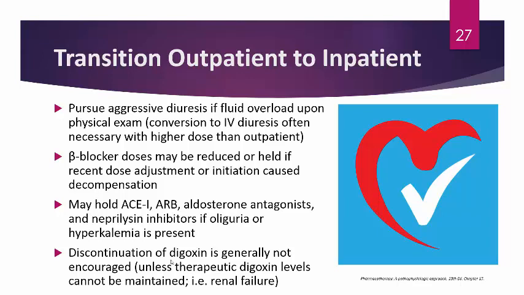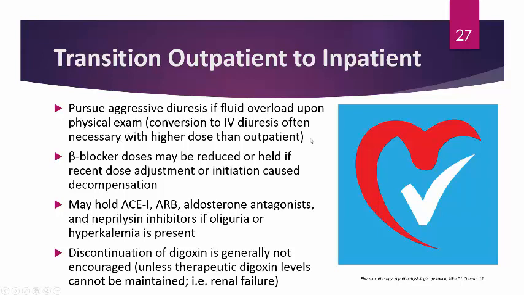So in terms of transitioning a patient from outpatient to inpatient, so basically from real life to the hospital, aggressive diuresis should be done if patients are fluid overloaded upon physical exam. So this includes conversion to IV diuretics, which is often necessary with a higher dose compared to their outpatient dose.